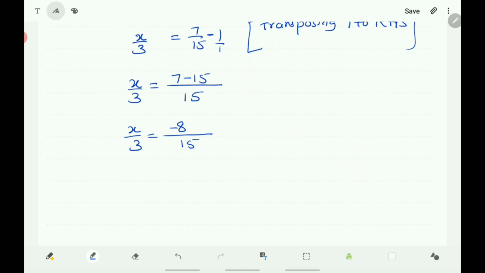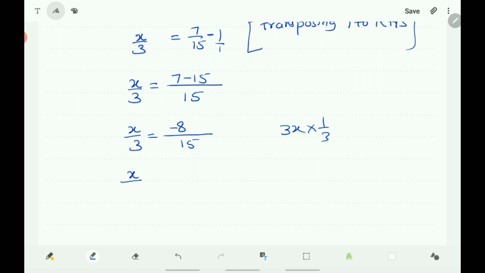You can transfer this 3 to the RHS, that is nothing but multiplying both LHS and RHS by 3. Here it is in the denominator, so to cancel it you must multiply. If it is in the numerator, you must divide by it, that is, if it is like 3x, to divide it is 1 by 3. Here it is in the denominator, so you must multiply it by 3. You transfer it, that is nothing but multiply it.